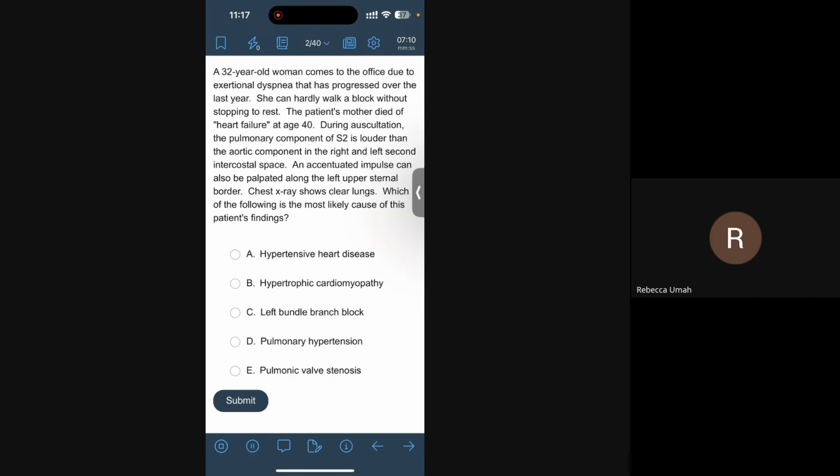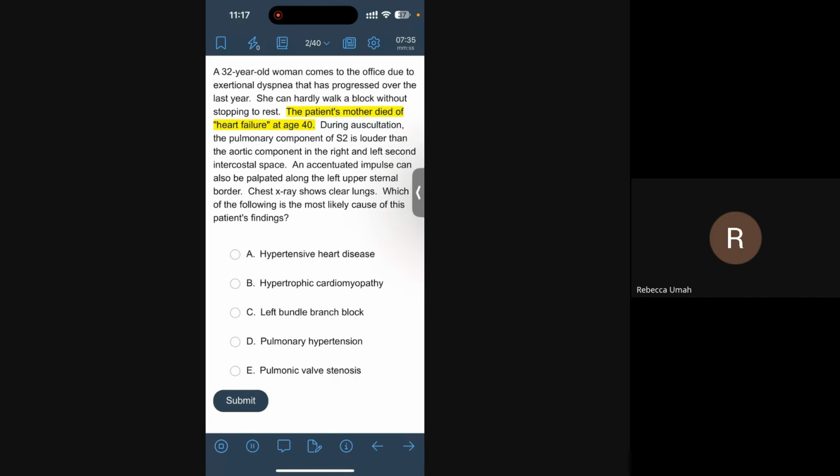She can hardly walk a block without stopping to rest. The patient's mother died of heart failure at age 40. No person should die of heart failure at age 40, so there must be some other factors taking part here. And usually women do not die from heart failure.